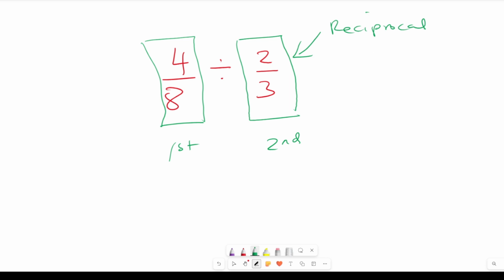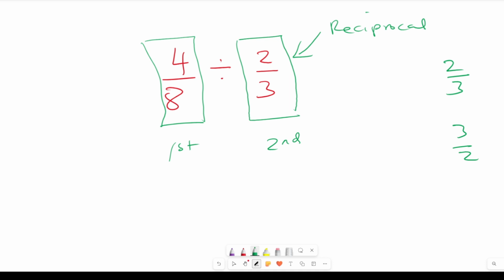In maths, reciprocal simply means flipping something upside down. We will come to that in detail in subsequent topics, but for the purpose of doing this, the reciprocal of 2 over 3 becomes 3 over 2. Just flip it upside down in your mind.